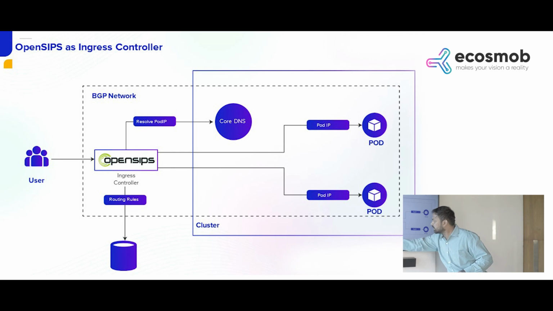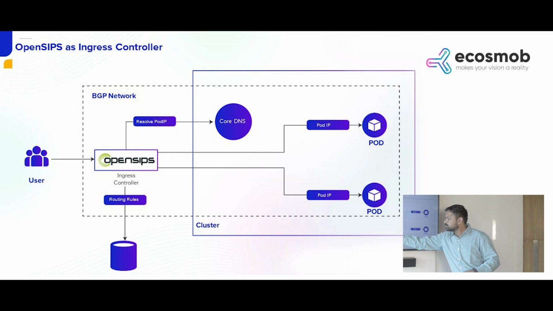But because of this Calico based BGP cluster, they can easily talk with each other. Also, because it is part of the same BGP network, OpenSIPS can reach the core DNS, which means it can use the domains assigned by Kubernetes in order to reach the pod. So here, OpenSIPS works out of the box.